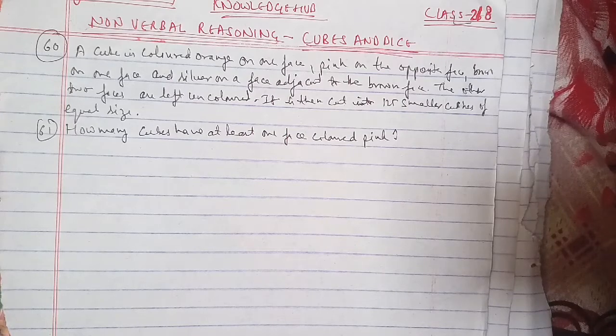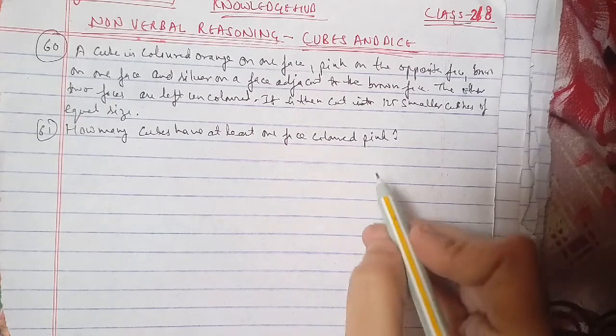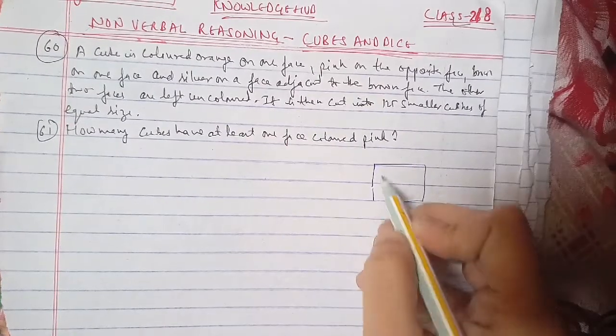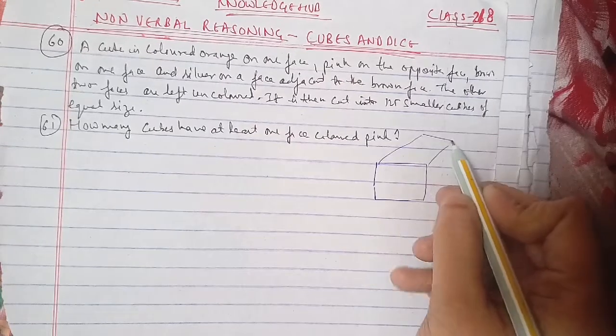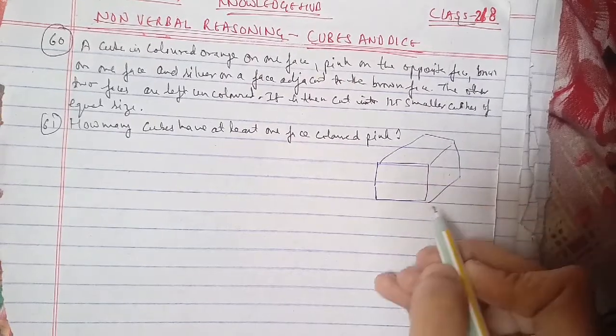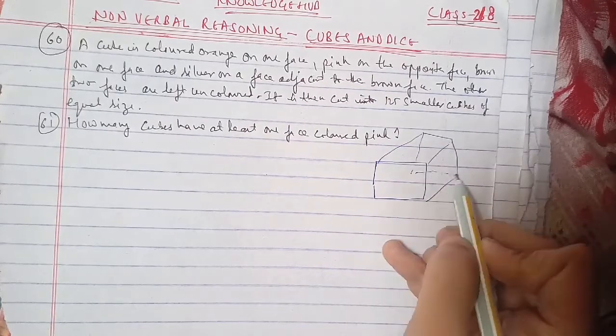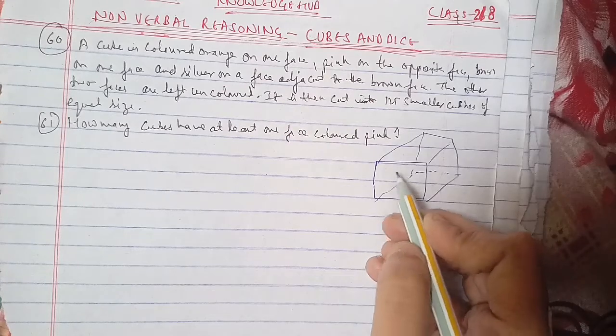For this type of question, as I told you, all of these are important. First we'll draw a diagram, and then we'll find the answer. On the basis of the given details, the cube will be colored as indicated. This is the above one.